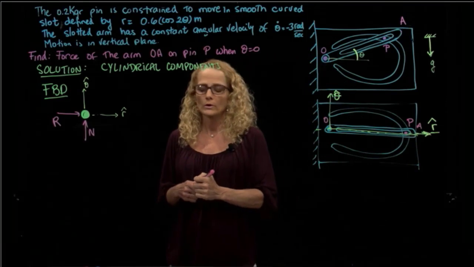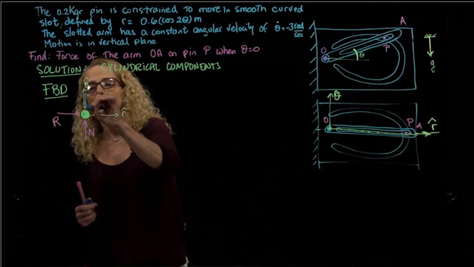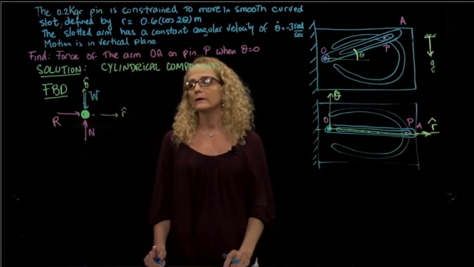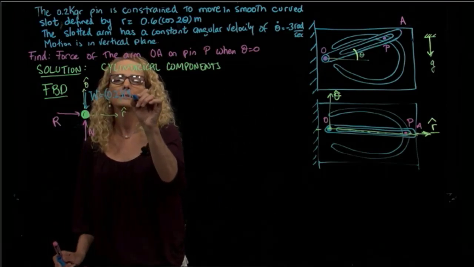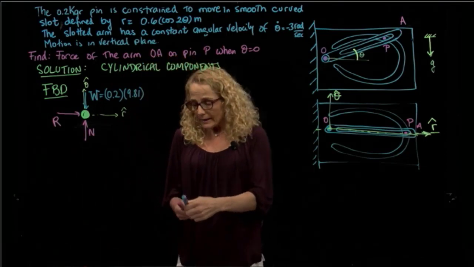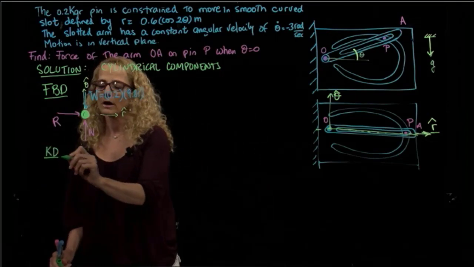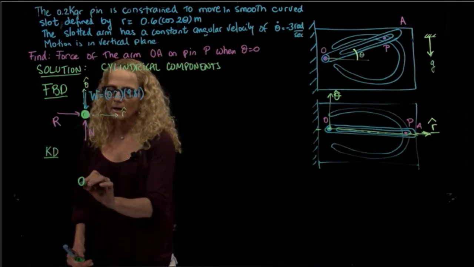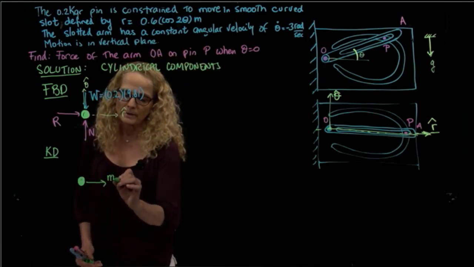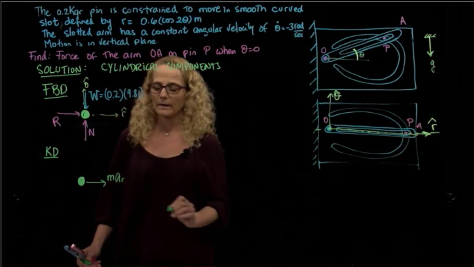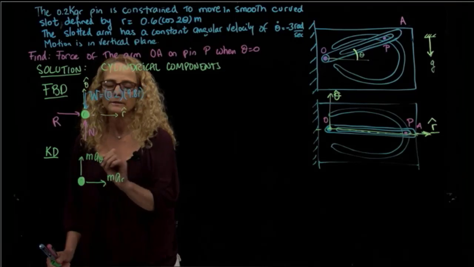So we have two reaction forces, and then we also have the weight acting in the vertical direction, negative, and that will be 0.2 times 9.81. And then we have to make that equal to our kinetic forces. So we draw our kinetic diagram, with mass times acceleration in r, and mass times acceleration in θ.